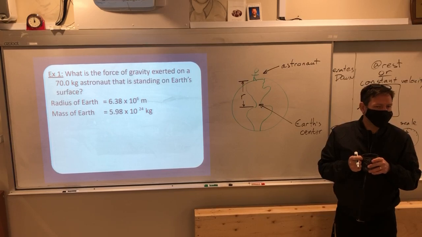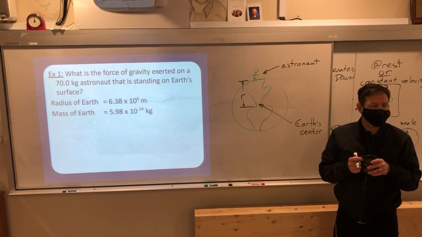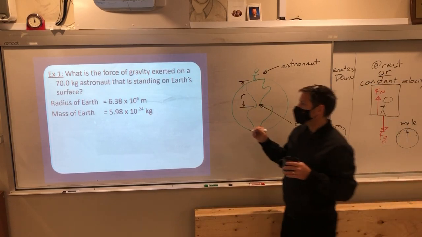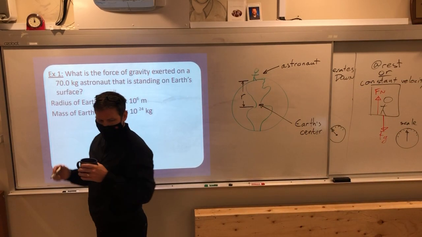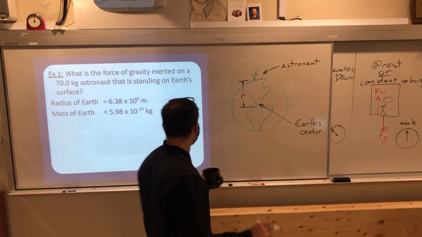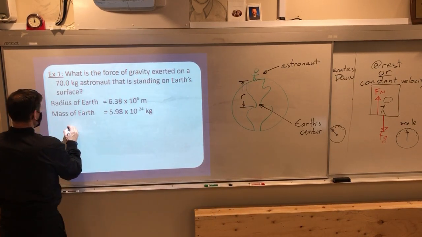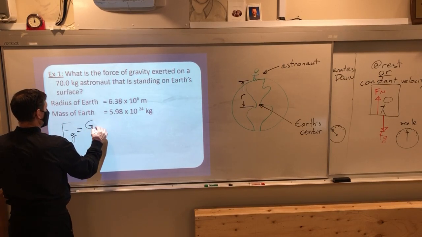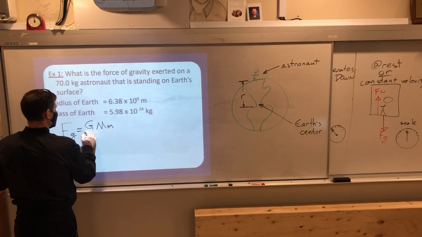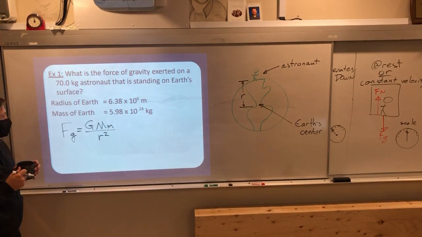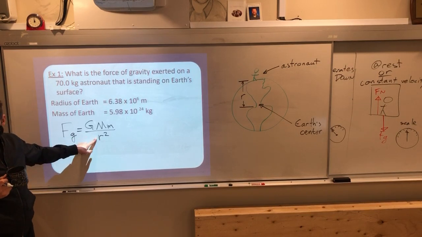Why did I give you the radius of the Earth? Because it's the center of the object, it's the center. Good. In our formula, did I go through this? So you start with your distance between.